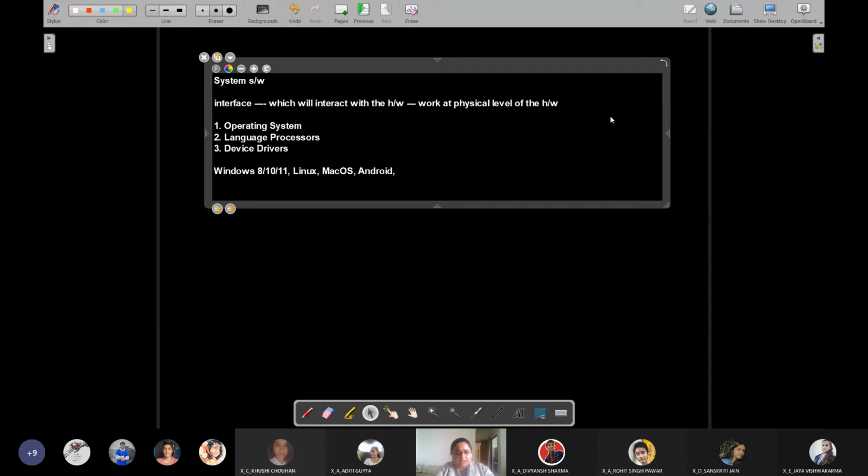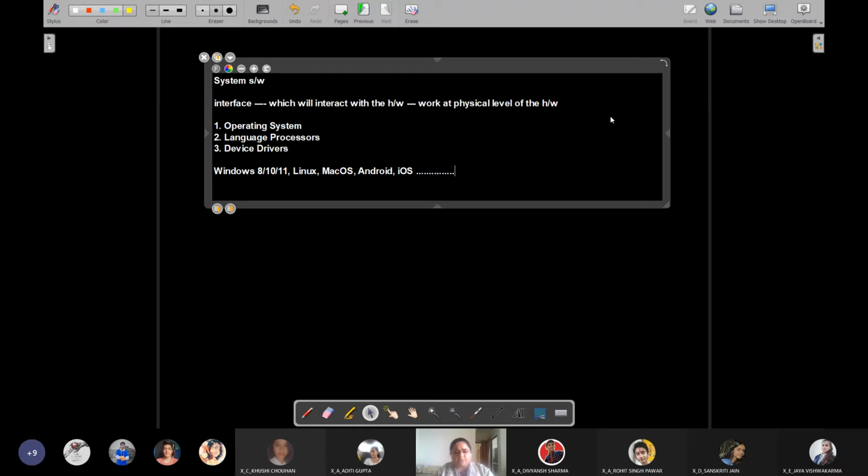And we have iOS, again for all the Apple mobile platforms, right? So these are a number of different operating systems which we are familiar with, which are available in the market, and which we use for working on our computer.